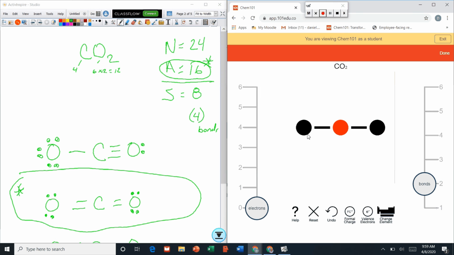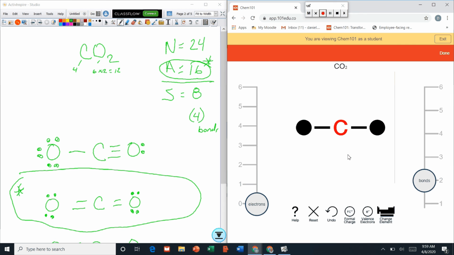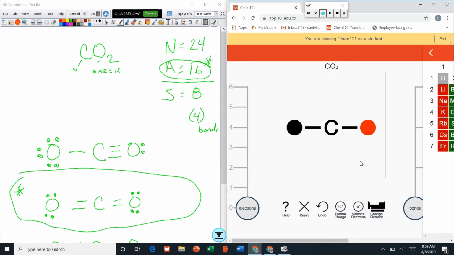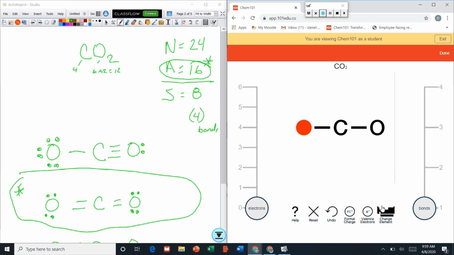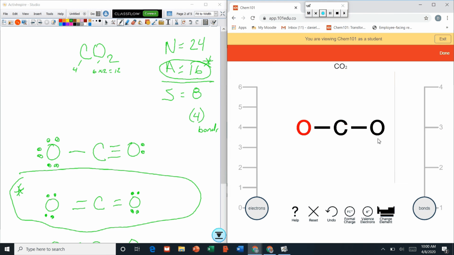All right, so I'm going to set my central element as carbon, and then each of my side elements as oxygen. I'm going to show you this first example first, and then I'm going to show you why it's wrong.